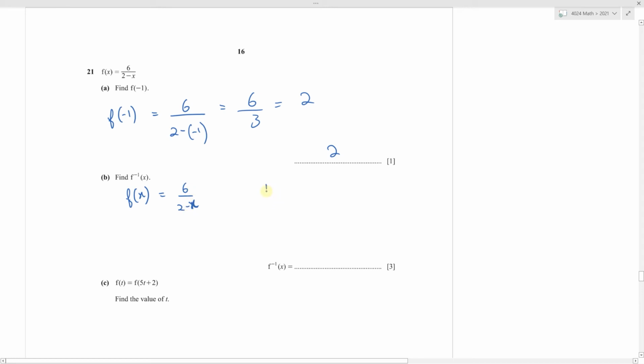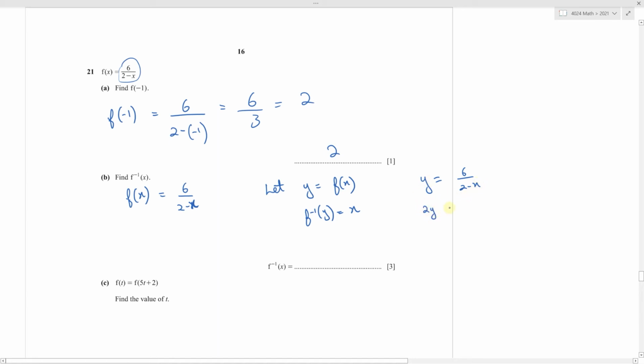So if you let y equals to f of x, and if I take this f to the other side, I will get f inverse of y equals to x. So let's start with y equals to f of x. Y equals to f of x is given here, 6 over 2 minus x, and then I have to make x the subject. I'll cross multiply.